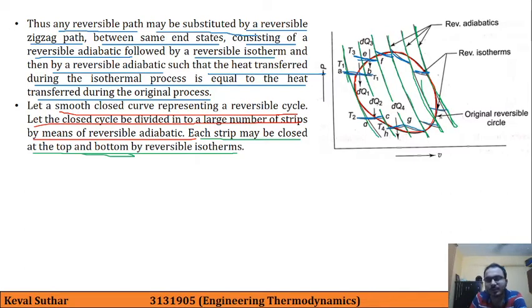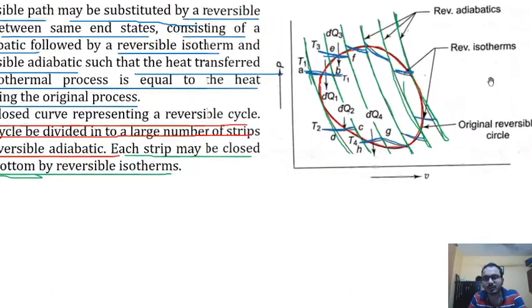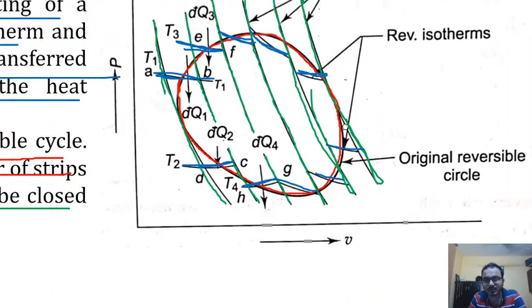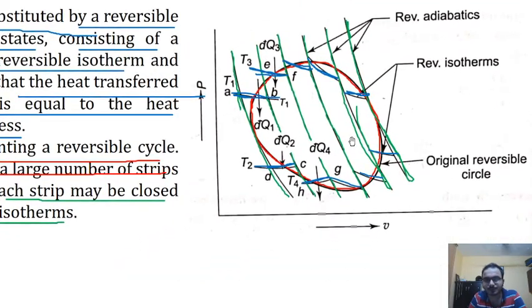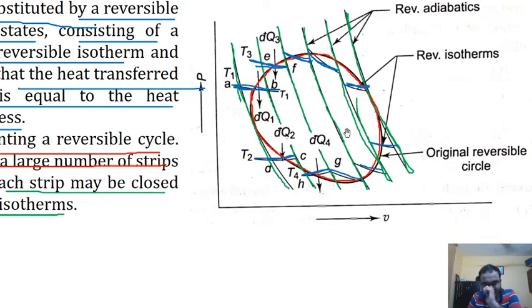Okay, so now we can zoom in for this. If you see here, to repeat the entire part, here we are having this red circle as our original reversible cycle, and it is divided through these green curves which are reversible adiabatic, and they are cut at the top and bottom with the help of reversible isothermal processes.